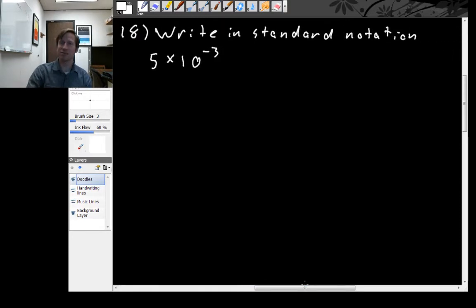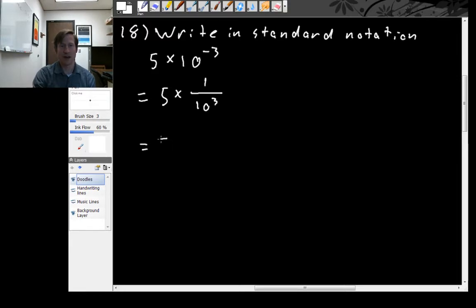So 18 has to do with scientific notation. For 18, we're going to convert this from scientific notation into standard notation. Converting this into standard notation is really just figuring out what this number is. So it's 5 times 10 to the -3rd, that's 1 over 10 to the 3rd.